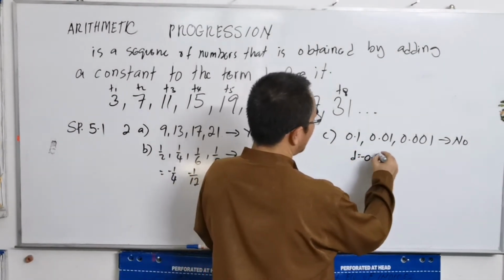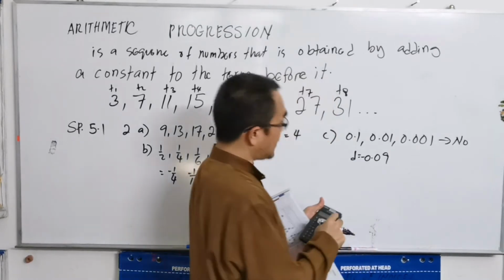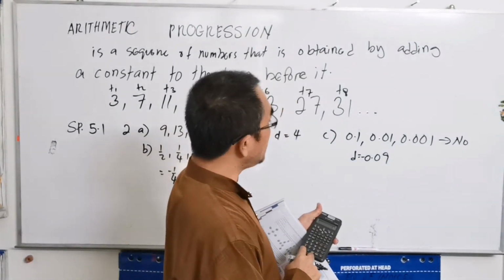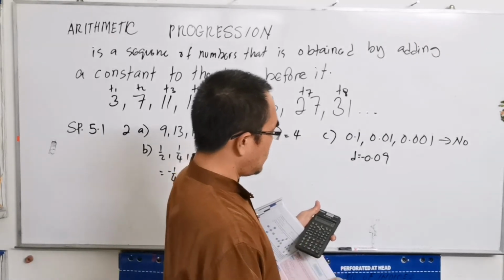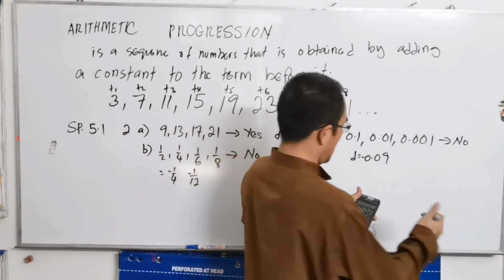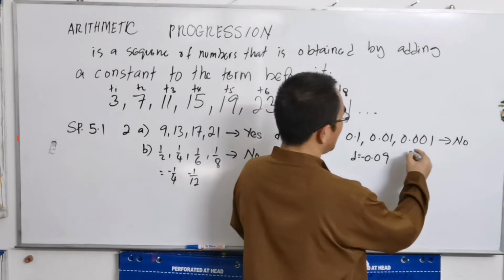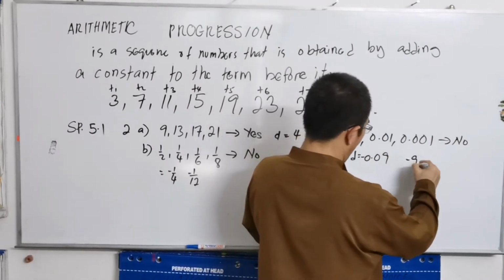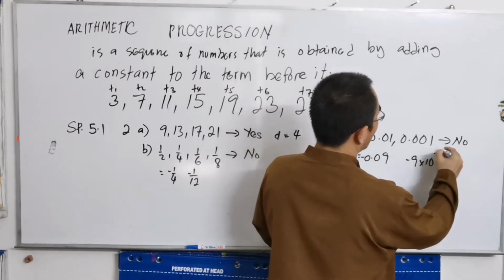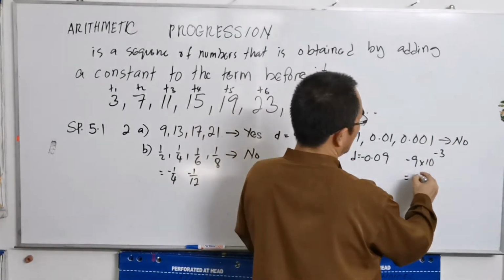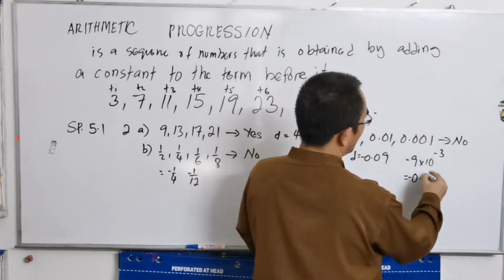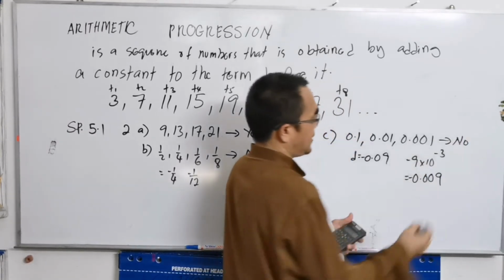And then 0.001 minus 0.01, the difference here will be negative 9 times 10 to the power of negative 3. So it is negative 0.009.